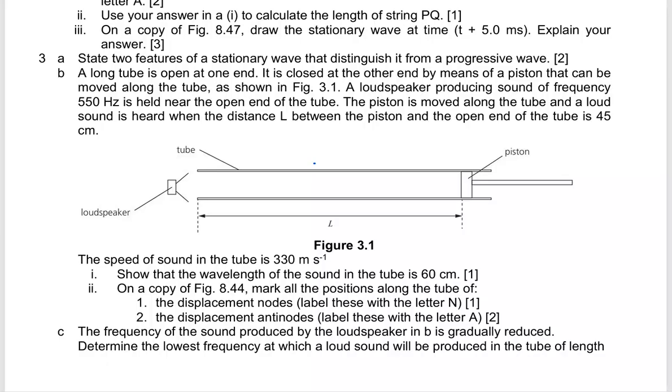The speed of sound in the tube is 330, so we can find the wavelength of the sound in the tube. Because we have the frequency and the speed, we can calculate the wavelength as v divided by frequency.